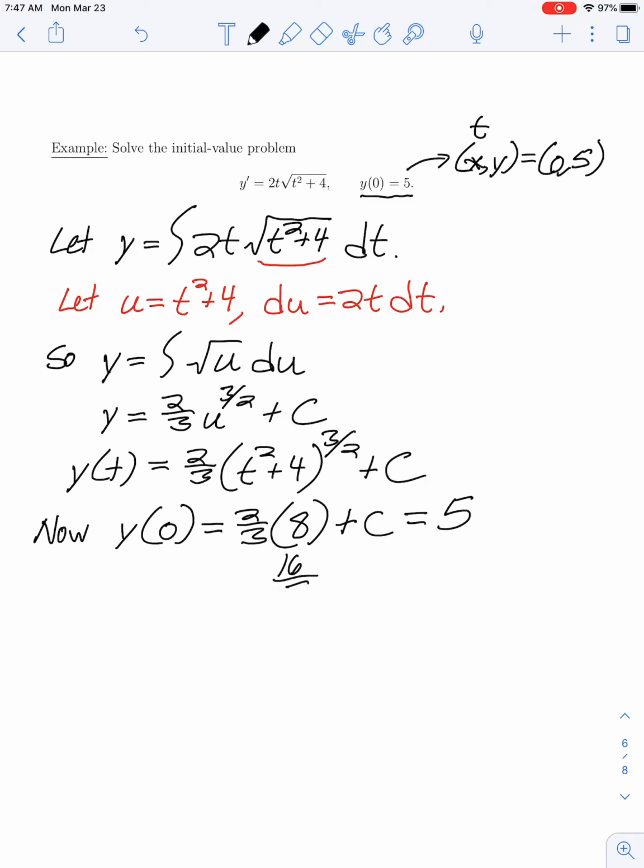So simplifying a little bit, we have 16/3 plus c is equal to 5, or 15/3. So c is then negative 1/3.